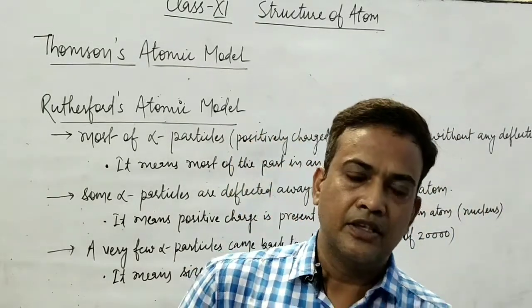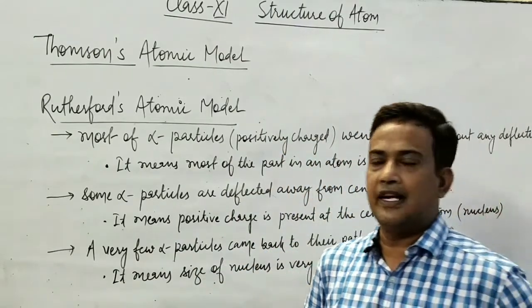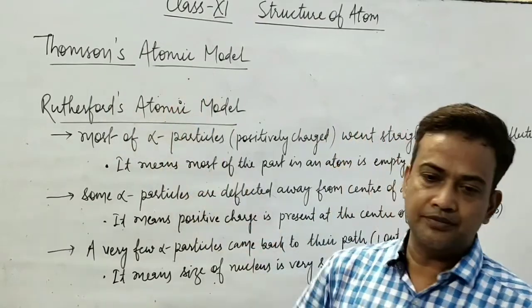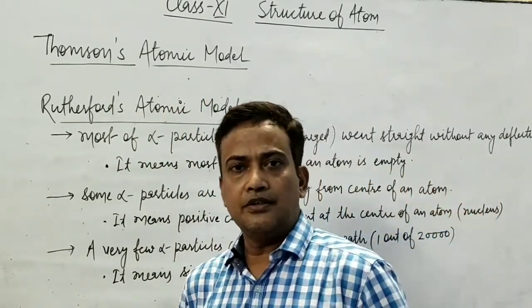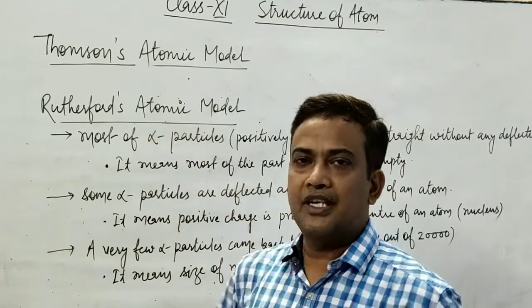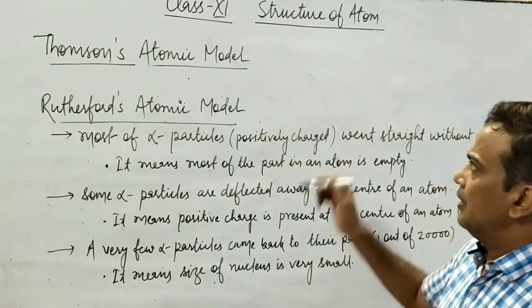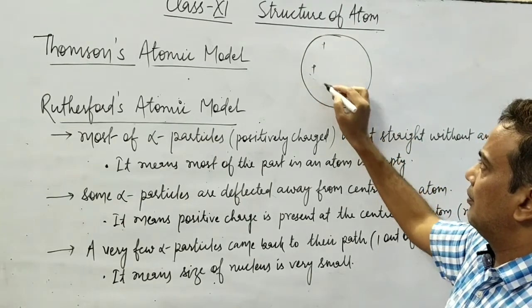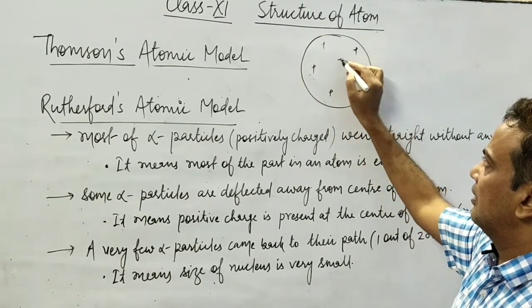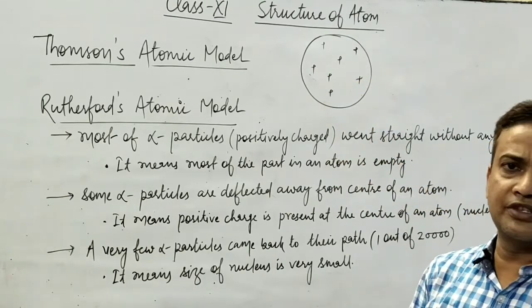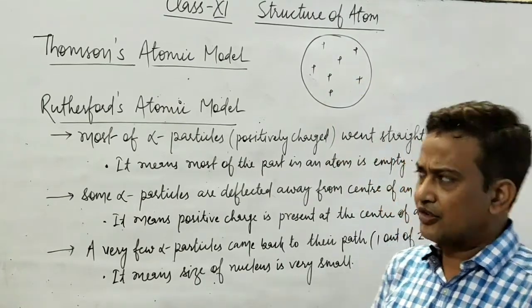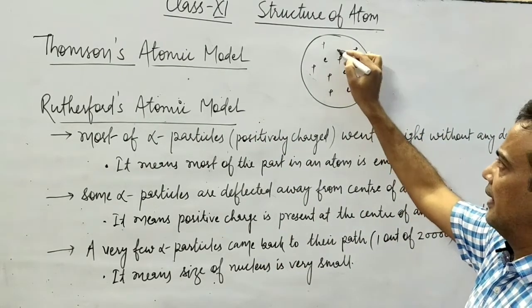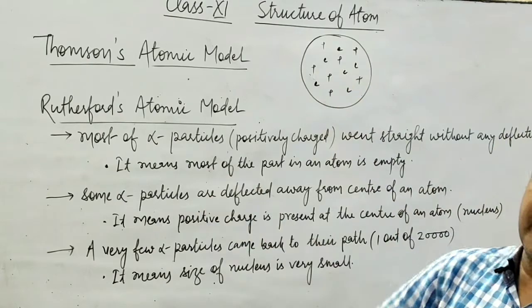Let's see the models of the atom. The first, Thomson's atomic model. According to Thomson, an atom is a sphere. The atom is assumed to be a sphere formed from positively charged particles known as protons, whereas electrons, according to Thomson's model, are supposed to be embedded into this sphere.